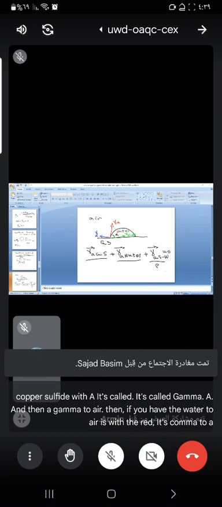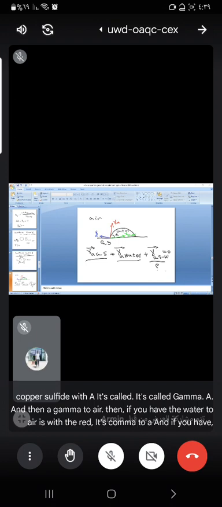And if you have solid to liquid, then you have gamma copper sulfide to liquid, S to water.